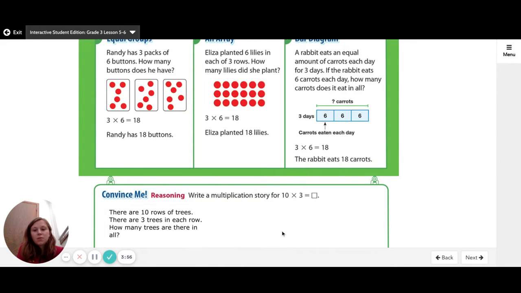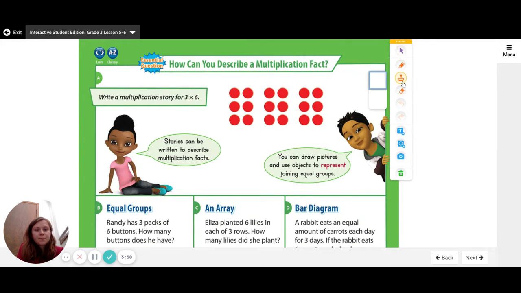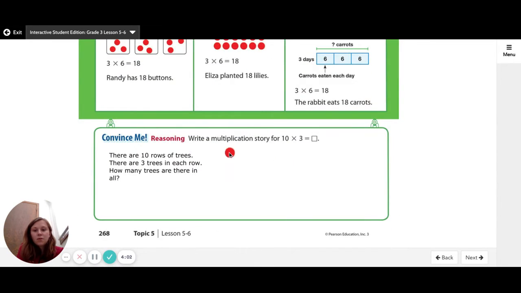So to solve this one, I would draw an array. Take about 10 rows. So I do 1, 2, 3, 4, 5, 6, 7, 8, 9, 10, and then 3 in each. 1, 2, 3, 1, 2, 3, all the way.